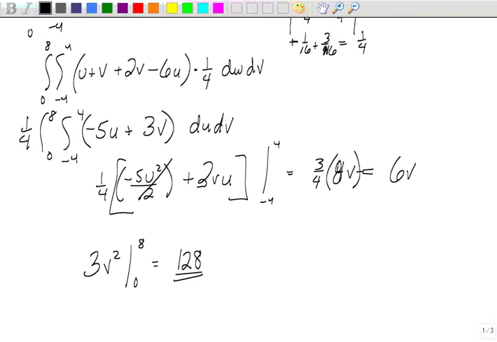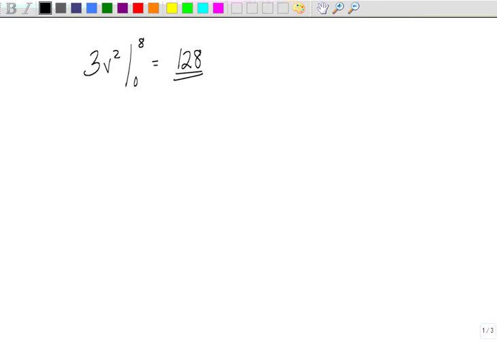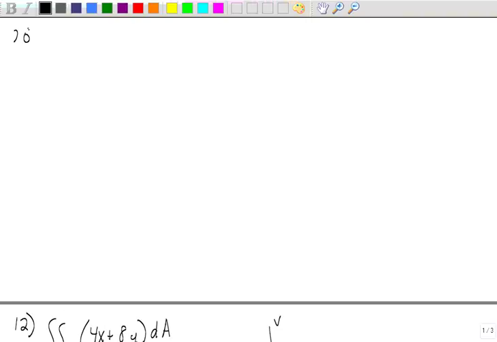Okay, let's look at number 20. In 20, we have to pick our own change of variables, but it's kind of easy to do.